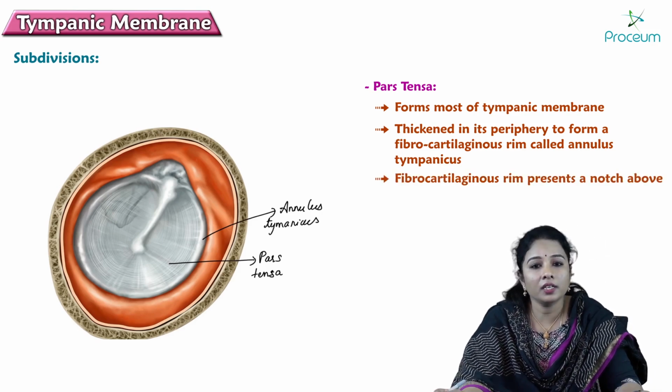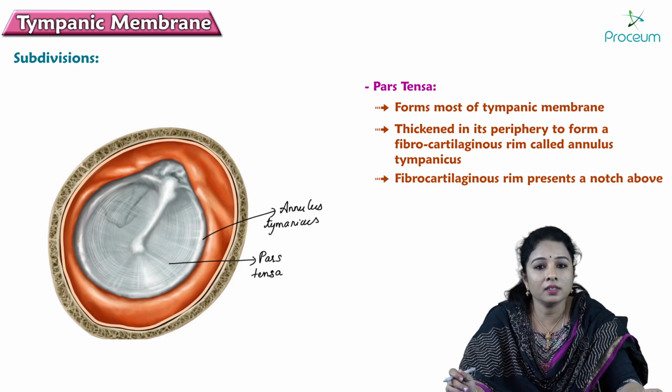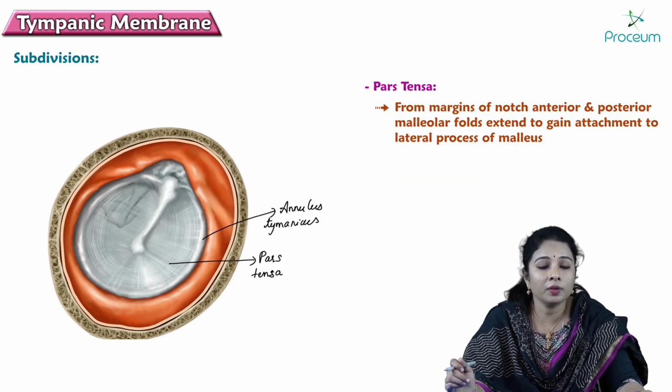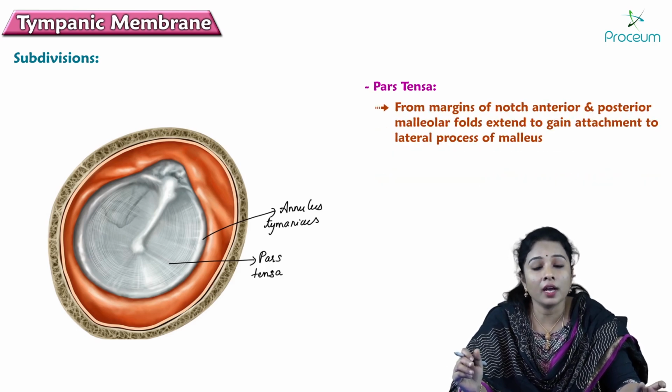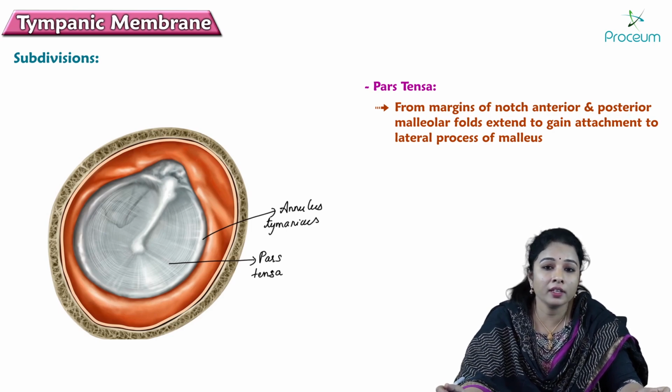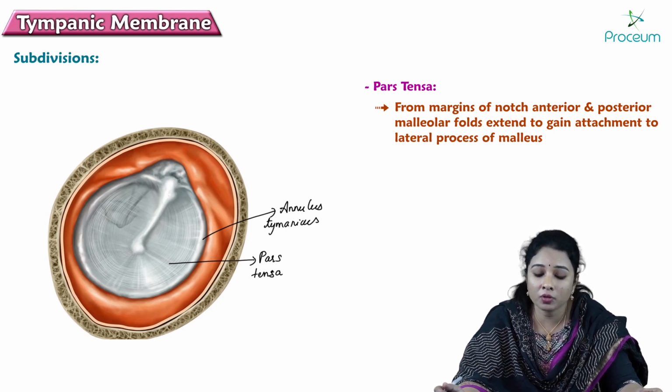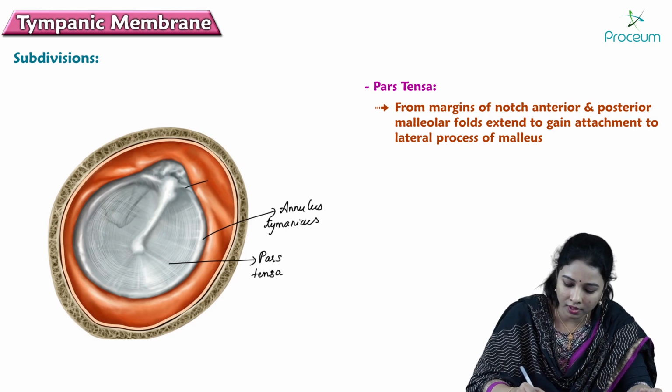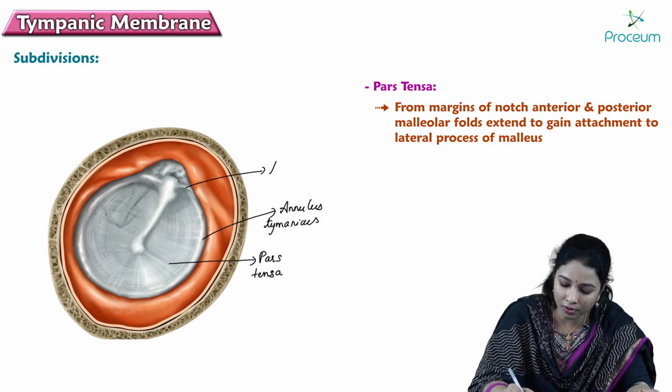The fibrocartilaginous rim presents a notch above. From the margins of the notch, the anterior and posterior malleolar folds extend to gain their attachment to the lateral process of the malleus. So here is the anterior malleolar fold.